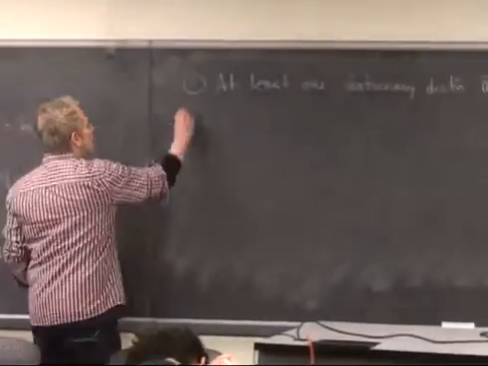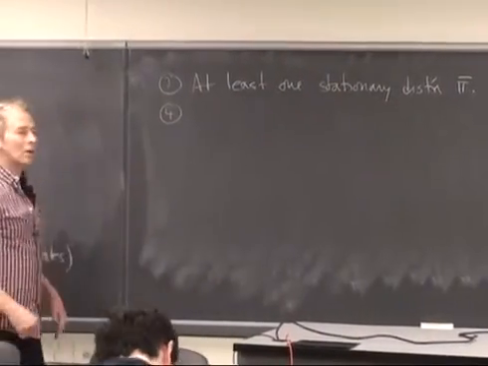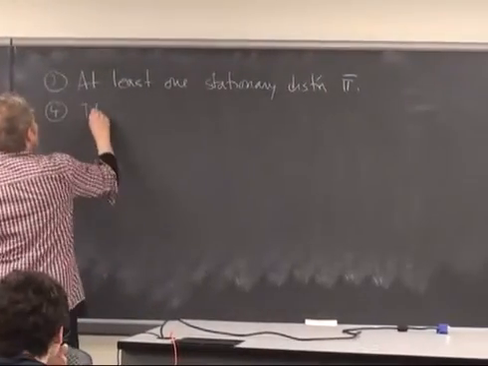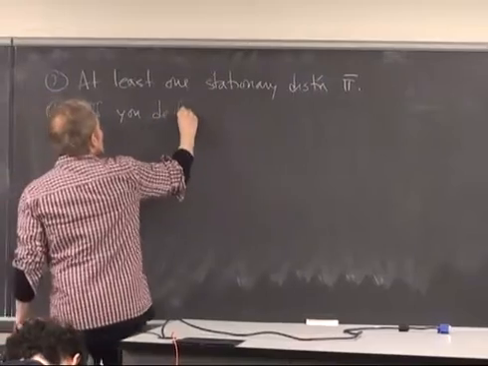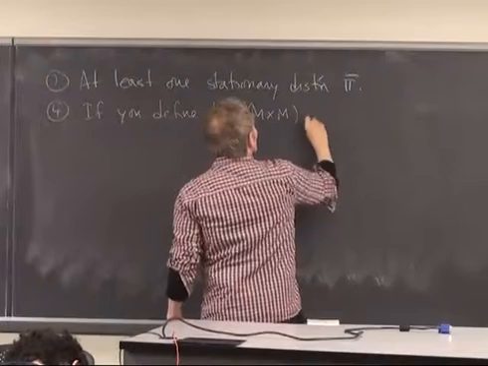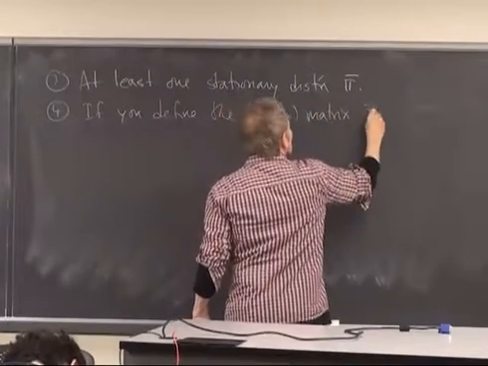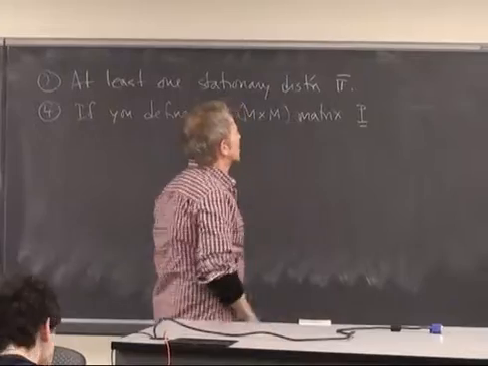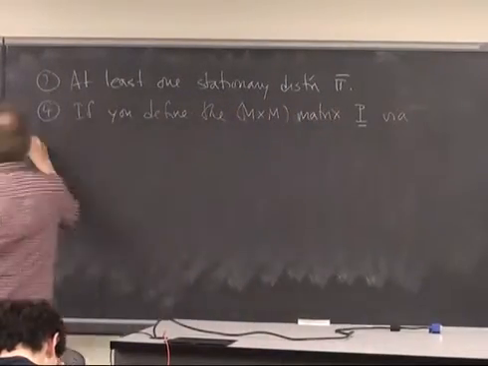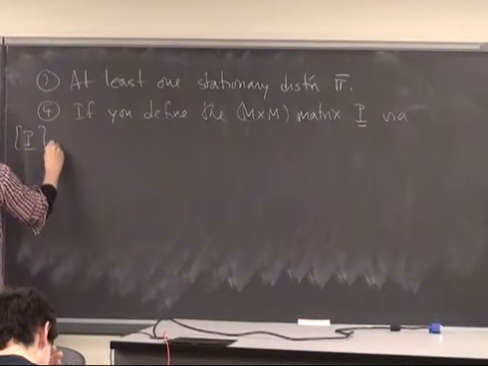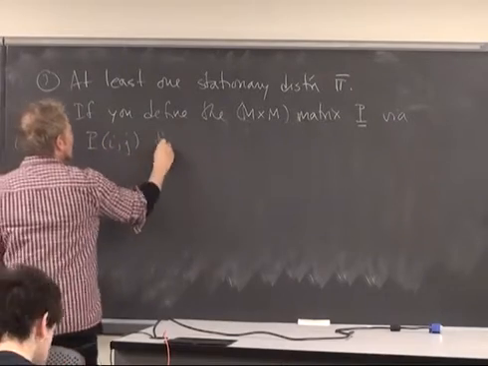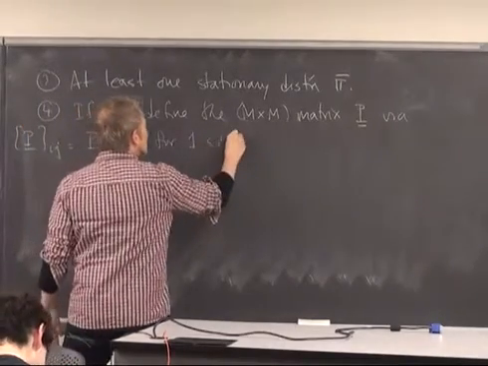Now, what kinds of stationary distributions can you have? What are they, algebraically speaking? If you define the M by M matrix, capital P, and I think I put an underline under that just to indicate that I'm talking about a matrix, by means of the formula capital P sub ij equals ununderlined P of ij for all i and j between 1 and m.